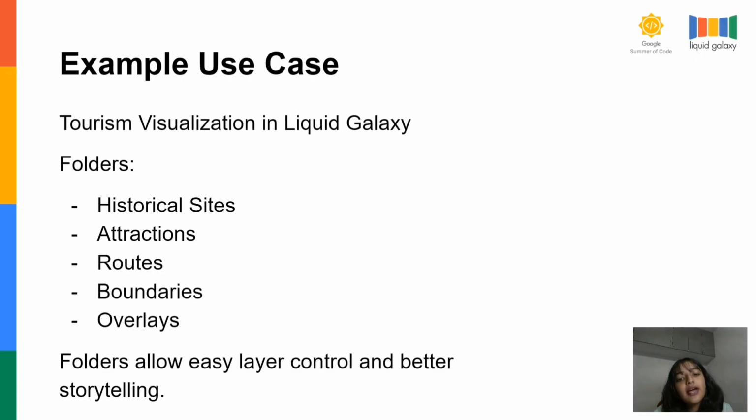Example use case: imagine a tourism app for Liquid Galaxy. We have a narrative structure. In folder 1, the past, the black and white overlays of old maps. In folder 2, the present, 3D buildings and current POIs.